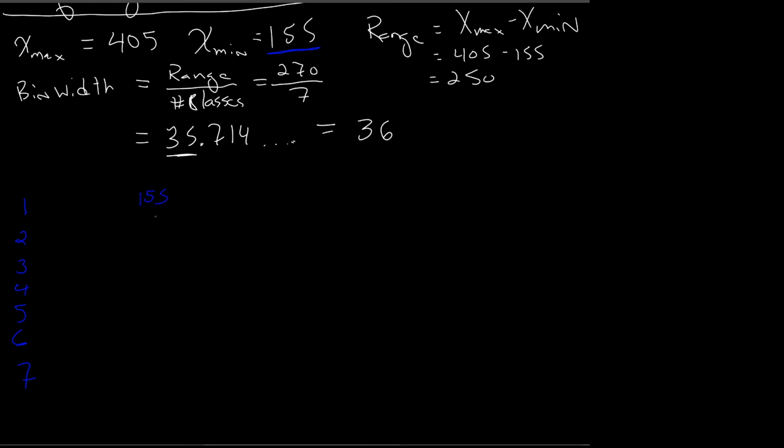And I'm going to add 36 to it, which gives me 191. And I'm going to continue to do that. I'm going to add 36 for each one of these to give me my lower class boundary for each of my classes.